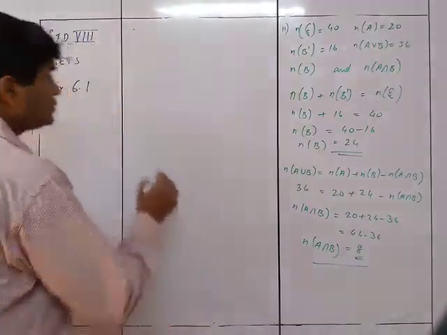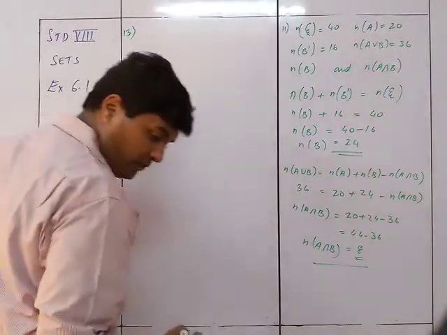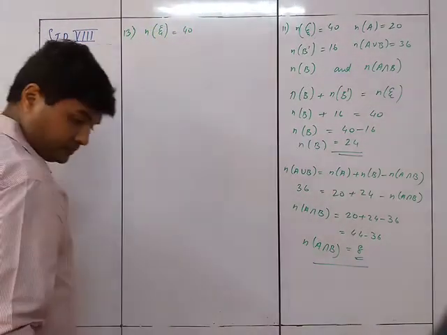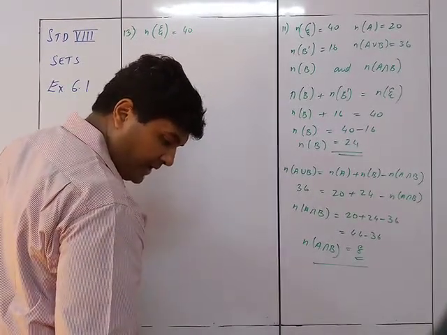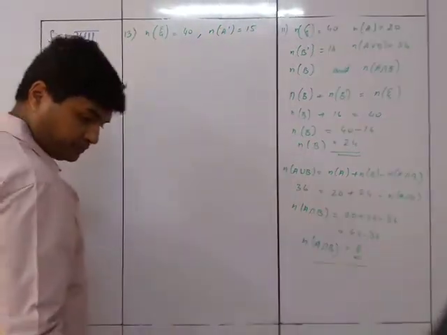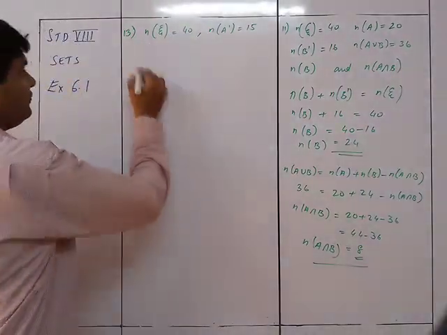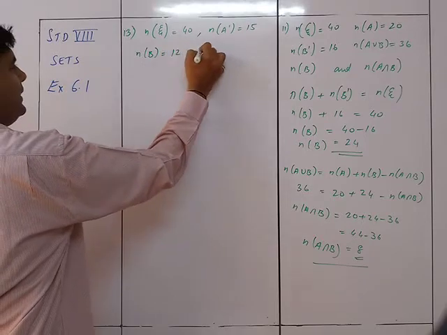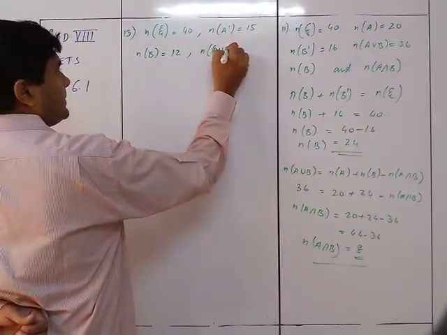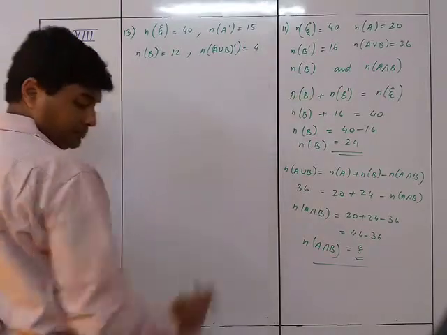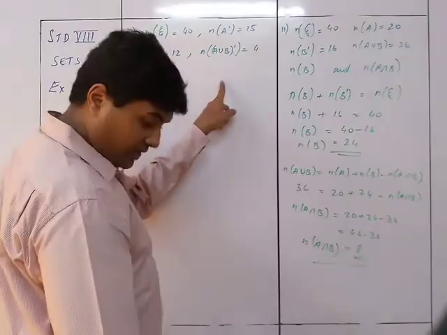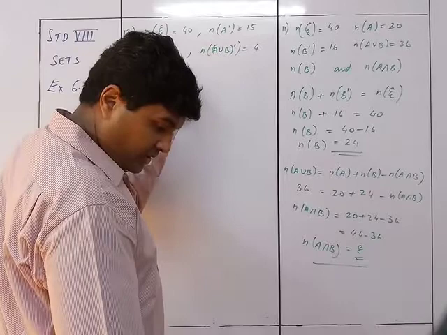There are multiple questions in this one. So sum number 13, we have the universal set equal to 40, n(A dash) equal to 15, n(B) equal to 12, and n(A intersection B dash) equal to 32.